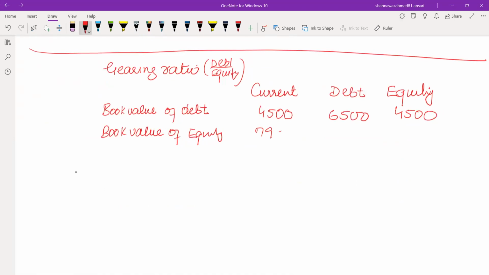In case of equity financing, the impact on equity will be increased by 2,000. So it's 9,989. And in case of debt financing, the book value of equity will remain the same. That is 7,988.